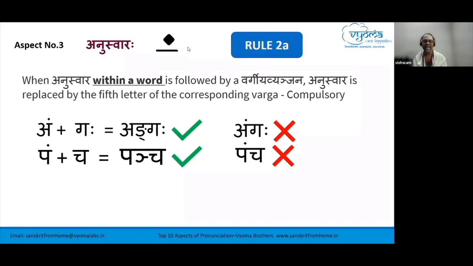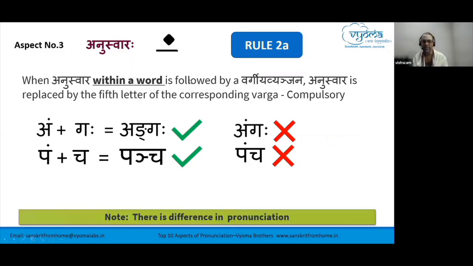There is a difference. Pamcha. Yeah, pancha, pamcha, anga, amga. So like this, that is the difference. There is a difference in pronunciation and we have to show that difference compulsorily if it comes within a word. Till here we are done.